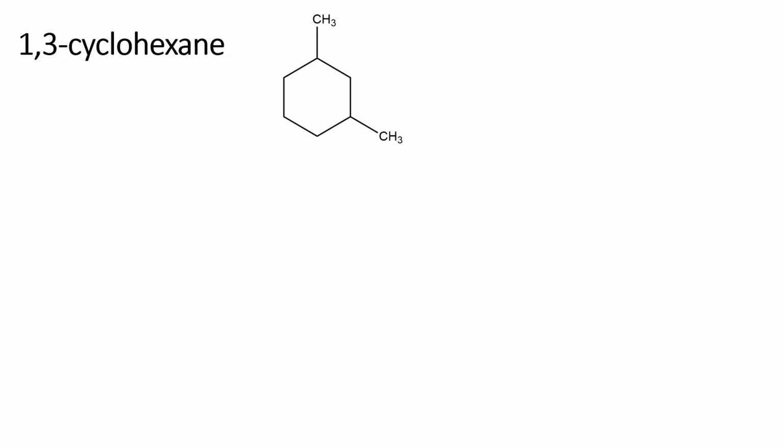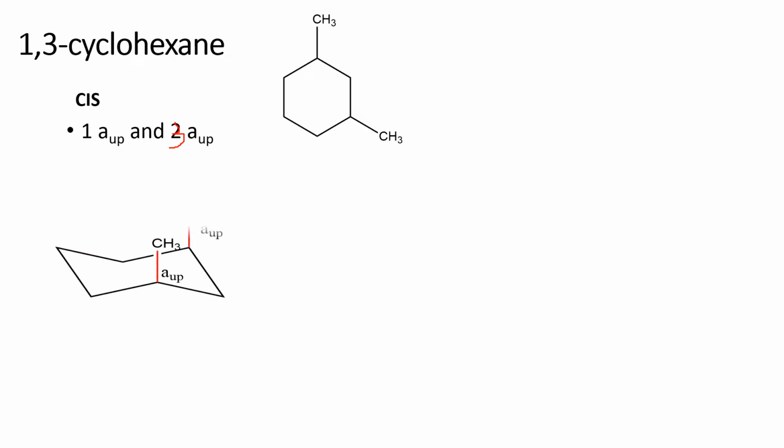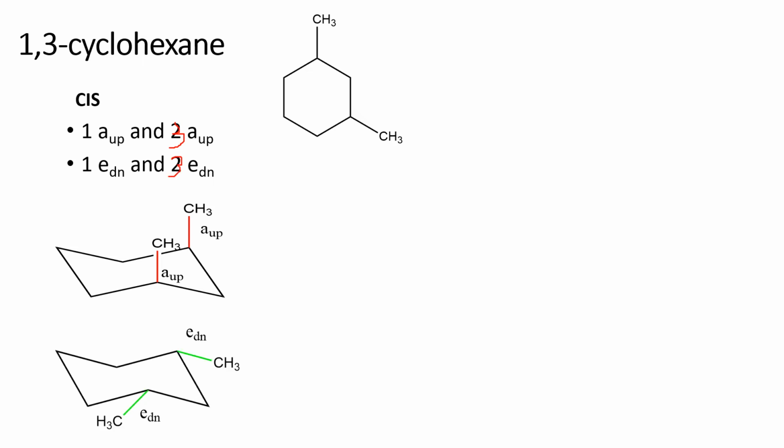When we move to the 1,3 cyclohexane ring, this is the structure. For the cis form, this is a 3, not 2. So axial up and axial up. You can see in the diagram, this is axial up and this is axial up. Both are in the same direction, that is why it is cis. Also, axial 1 down and equatorial down, both are down, therefore it is cis.